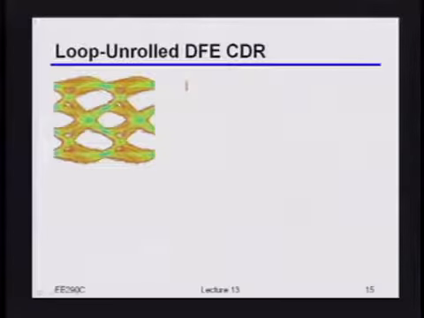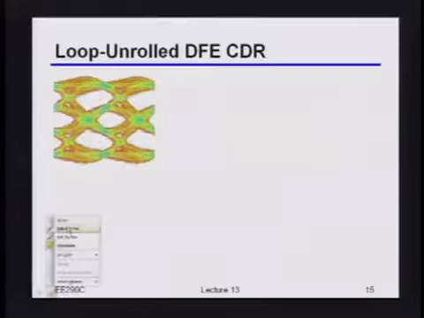Okay, but the easiest way to see what the implications are for your clock and data recovery is to draw what's sometimes called the trellis diagram. So what I mean by that is the following.